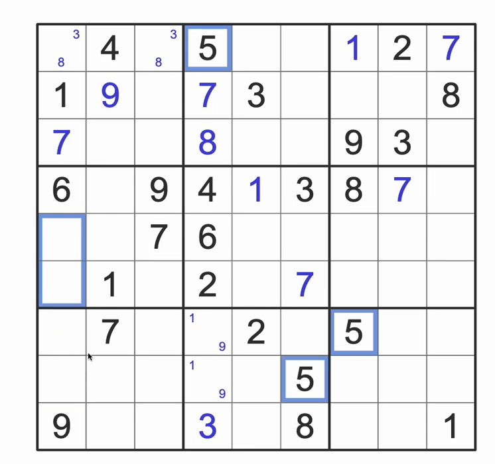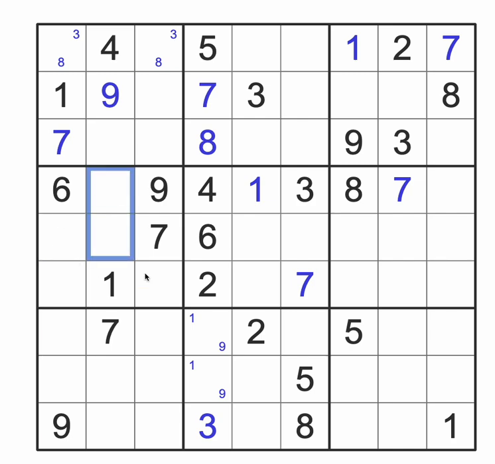They block here. So 5 will be here or here. That means these 3 cells cannot use 5. Because if I place 5 in here, these cannot be 5, and there won't be any cell left for 5. So in particular, this cannot be 5.